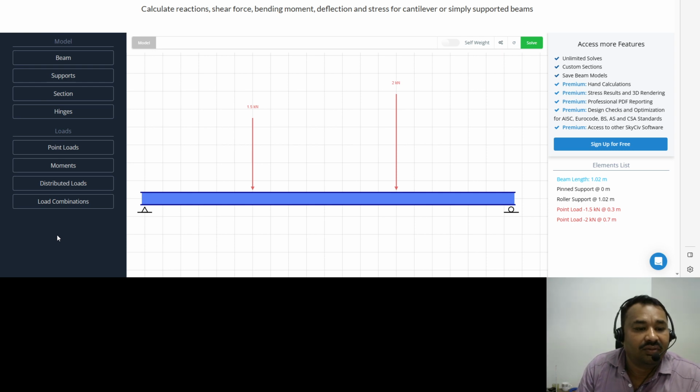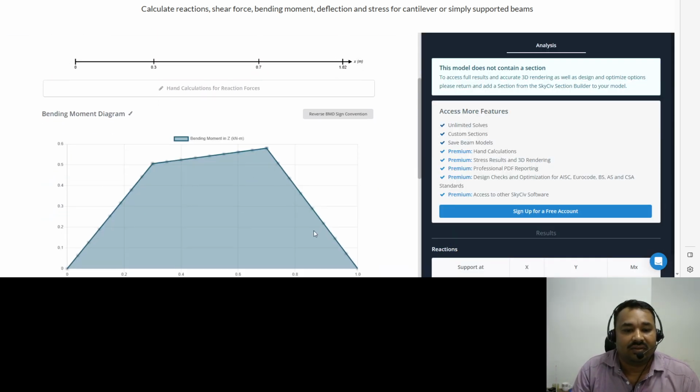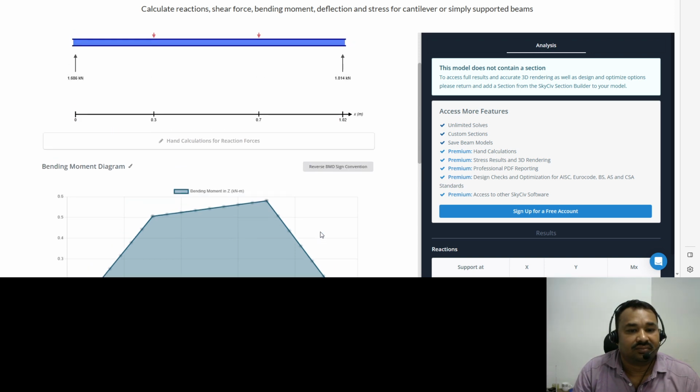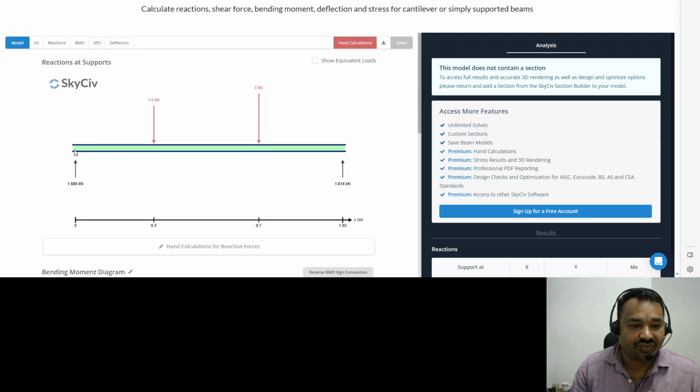Now we want to know about the shear force diagram and the bending moment diagram. So it is the bending moment diagram, one can see here, and one can see the zero values of the bending moments at the supports here and here.